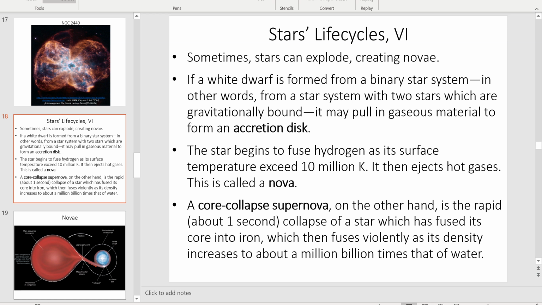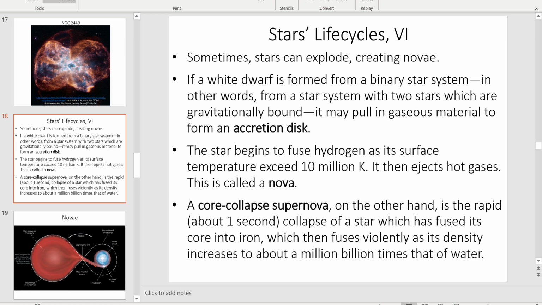Let's say that we begin with a binary star system. A binary star system is a star system in which you have two stars. That's what the word binary means. We have two stars that are orbiting each other. And let's say that one is a white dwarf and the other is a main sequence star.